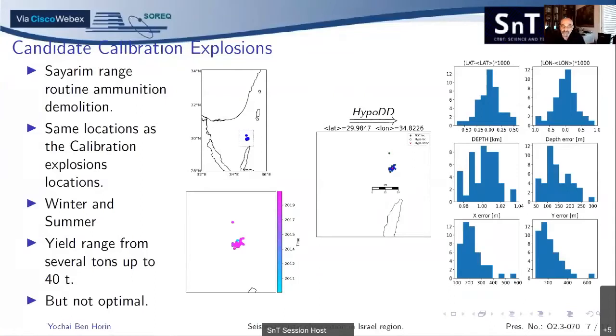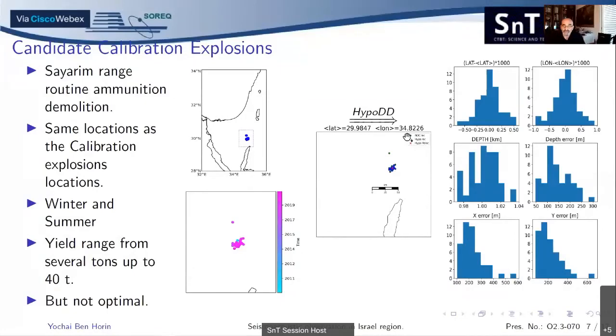It's not optimal because it's not designed as a calibration explosion. What you can see here is that the location based on the seismic network, after you perform a hypoDD, double difference method, really falls on one location, which is almost 1 kilometer from the true location that we know of the calibration explosion.